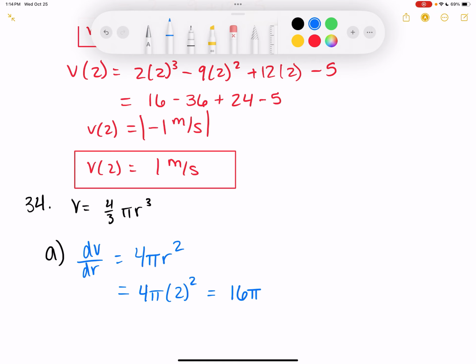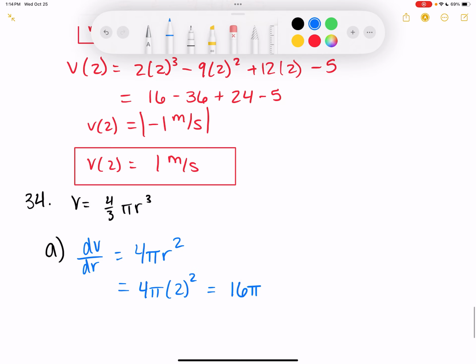They write it as cubic feet of volume per foot of radius. So this was for r equal to 2.